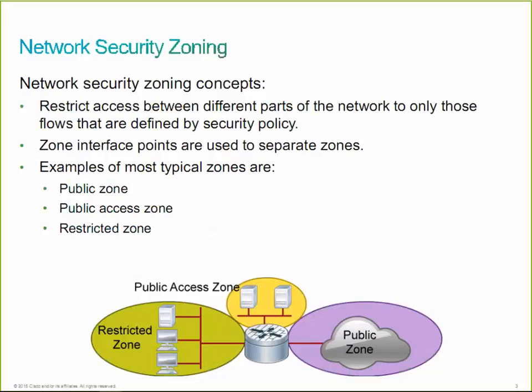To restrict access between different parts of the network, Cisco identified, and this is not new to Cisco, it's obviously been something that lots of people have been doing for many, many years, the concept of zoning, right? Zoning is used to mitigate risk, particularly mitigating the risk of having maybe one large flat network without access restrictions between those different network segments.